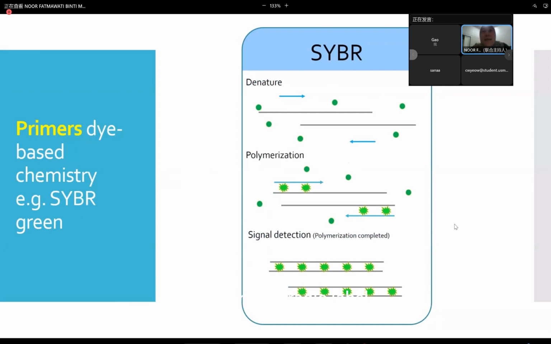Okay, so other than radio label, can anybody give another example of labeling? We have fluorescence, the labeling called fluorophore, and then we have radio label. Can anybody give me another option for labeling?